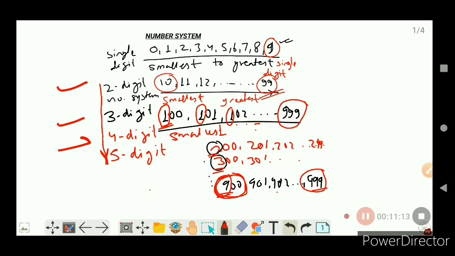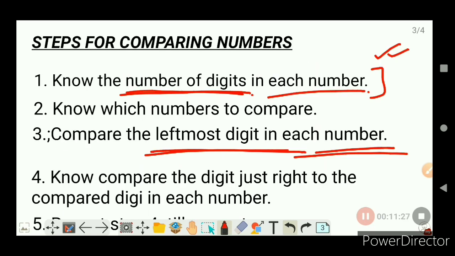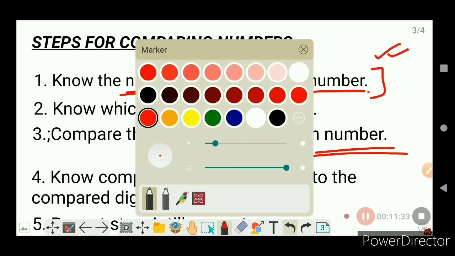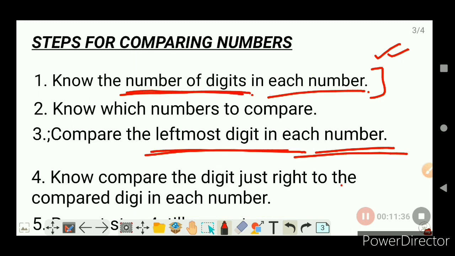The leftmost digit is what we can compare to know whether a number is greater or smaller than another, right? So compare the leftmost digit in each number. Now if the leftmost digits are the same, then we compare the digit just to the right. We will see an example here, so wait here.